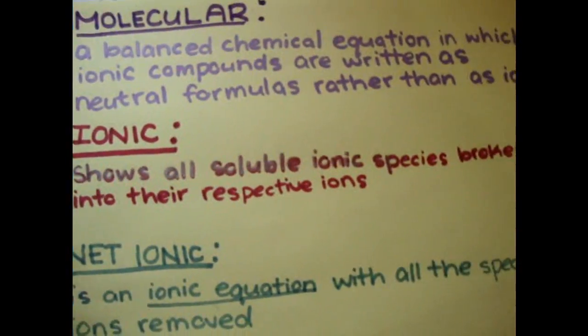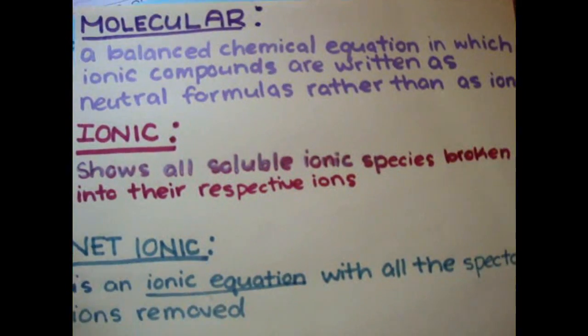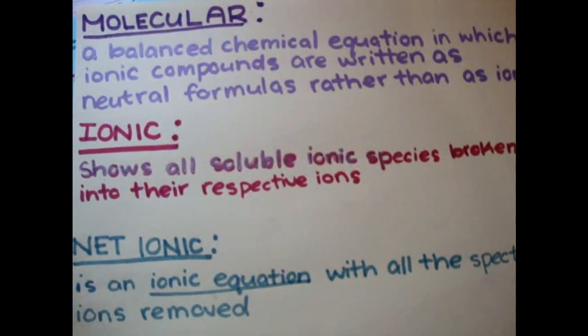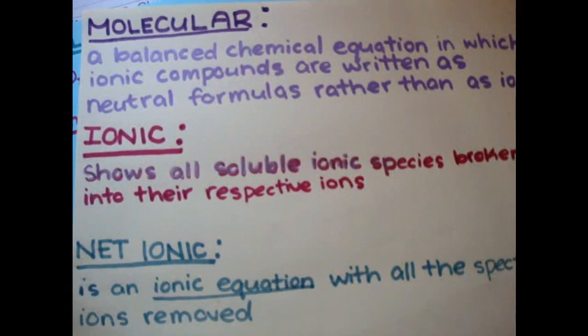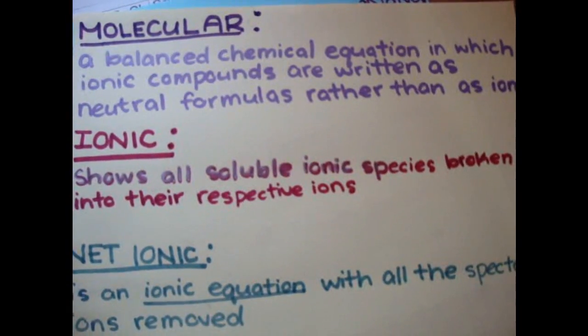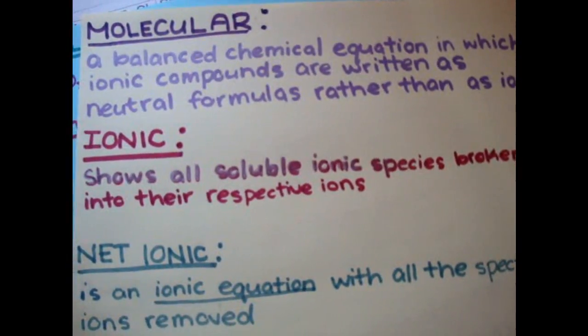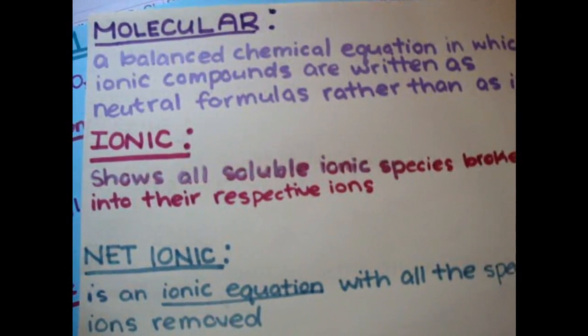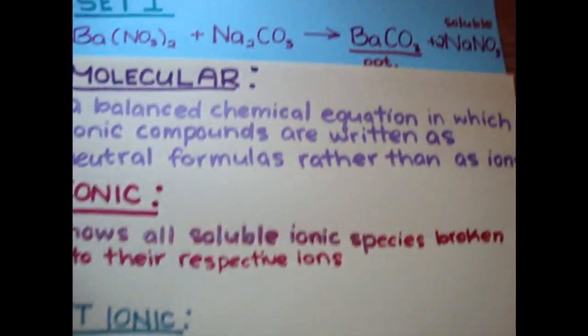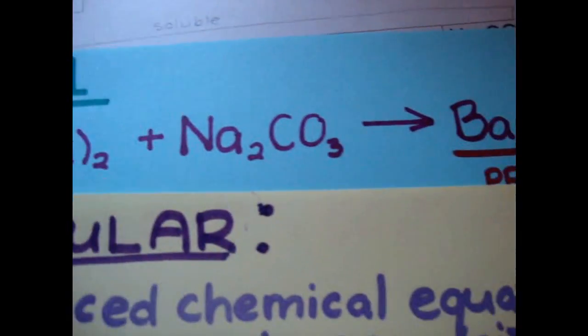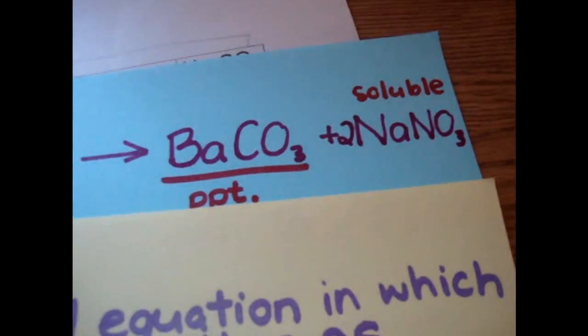ionic and net ionic equations. A molecular equation is a balanced chemical equation in which ionic compounds are written as neutral formulas rather than ions. So this right here is a molecular equation.